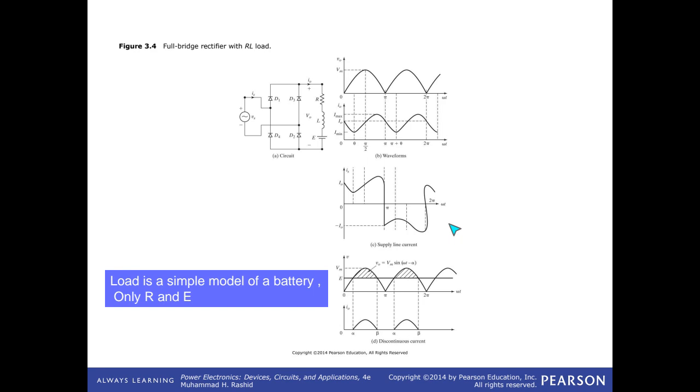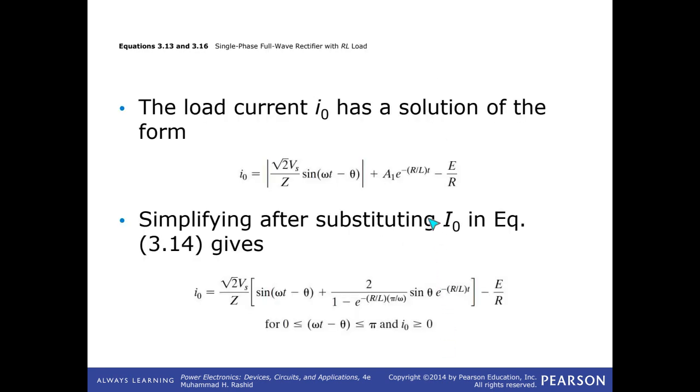That one is discontinuous current mode, this case. But this simple example, since alpha and beta are symmetrical here, is not the one I showed you. It is R and E only type of load. So we have seen that load is actually changing the waveforms. We have already derived those equations.